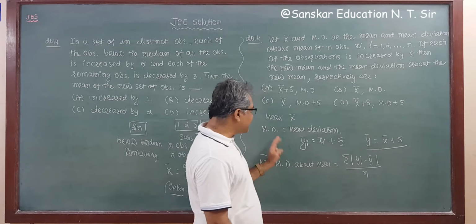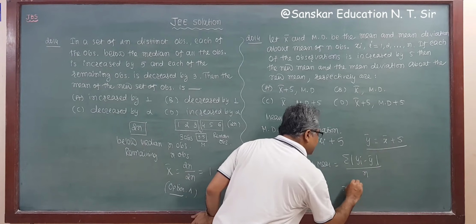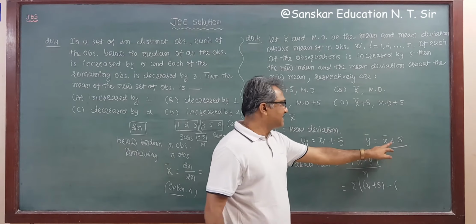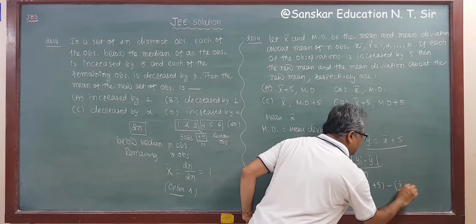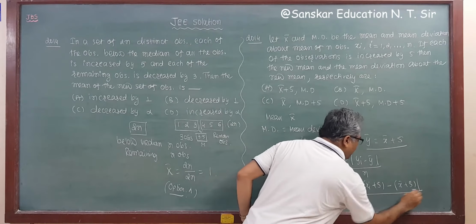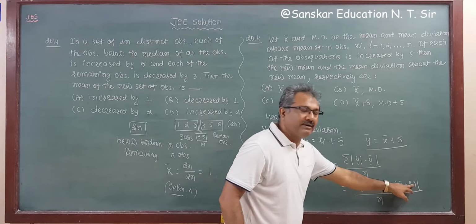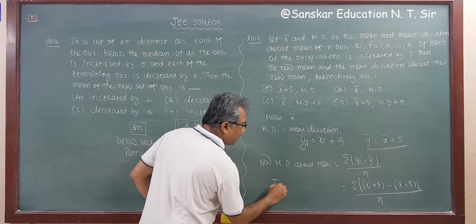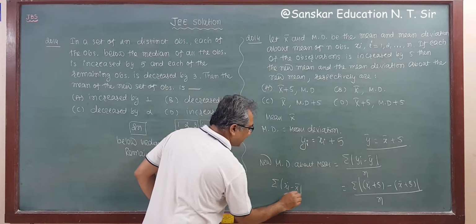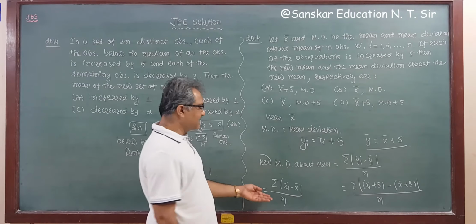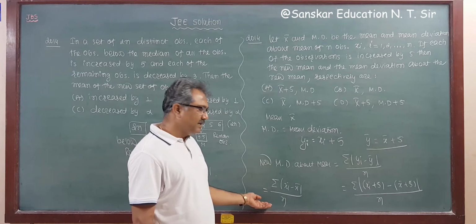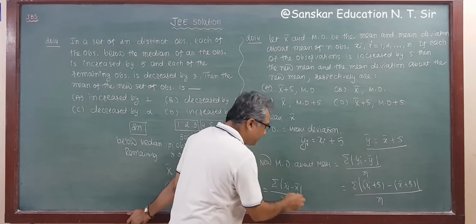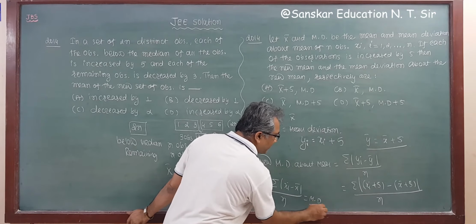Now yi is xi plus 5, so this is sigma of modulus xi plus 5 minus x bar plus 5, whole upon n. This 5 will cancel, so we get sigma of modulus xi minus x bar, whole upon n, which is your mean deviation about the mean.